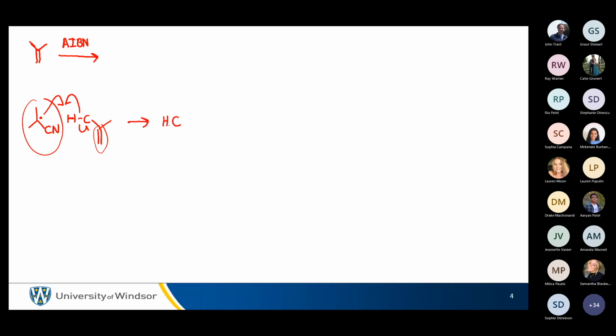And I wish it didn't do this because it makes things confusing. But hopefully you can see why this is a pretty good radical to make, because you have a resonance structure for it.